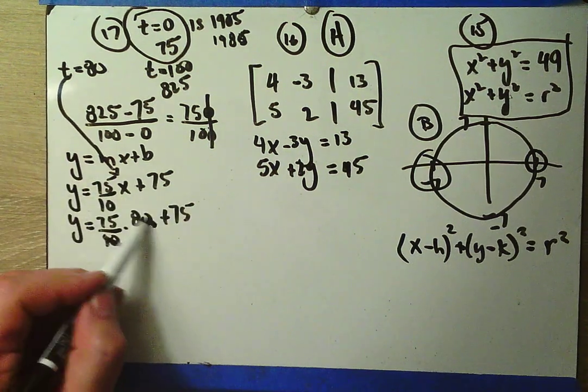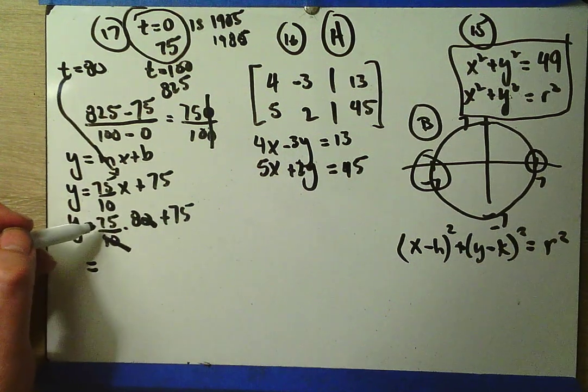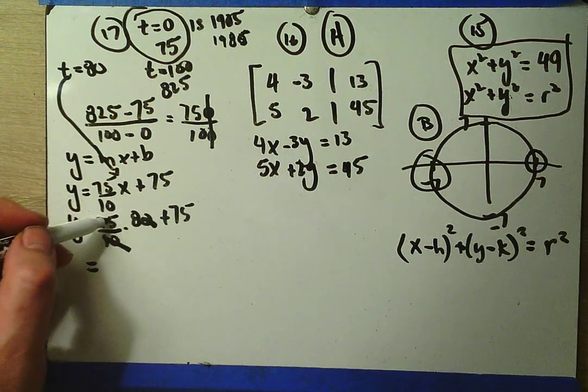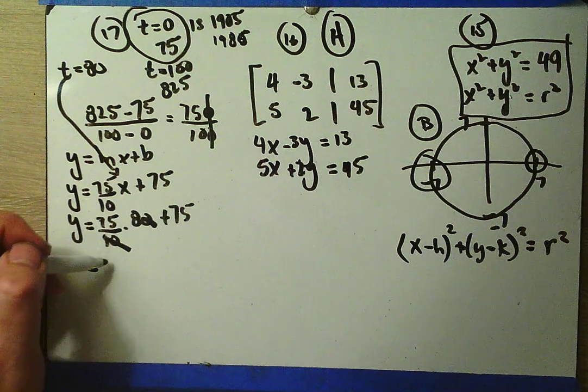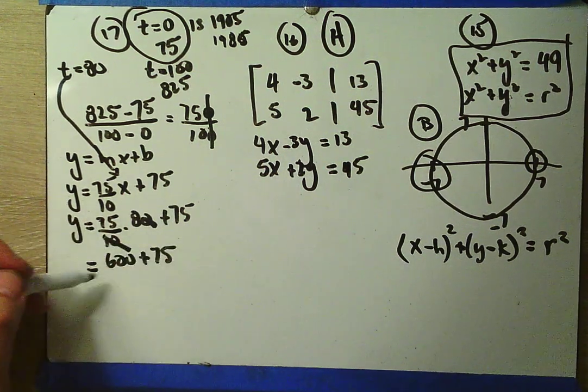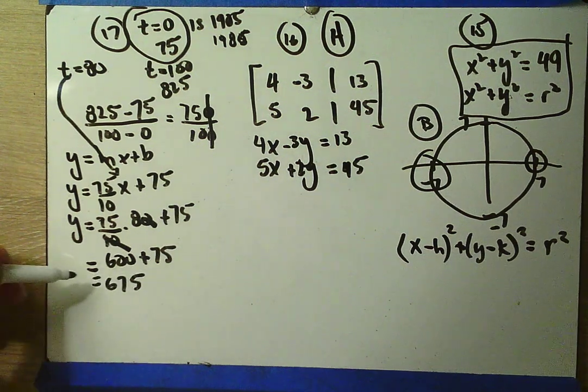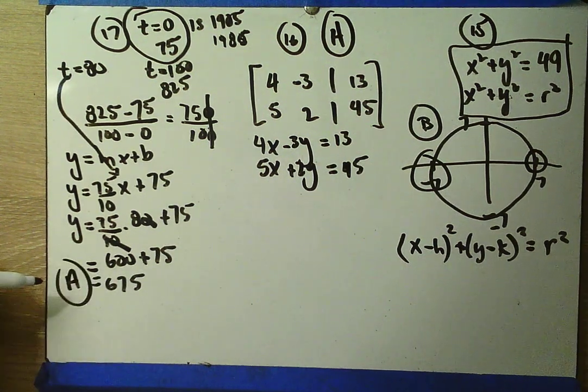Here I can do some canceling, and I get 8 times 75, which is 560 plus 40, which is 600, plus 75, or 675. So my choice is A for number 17.